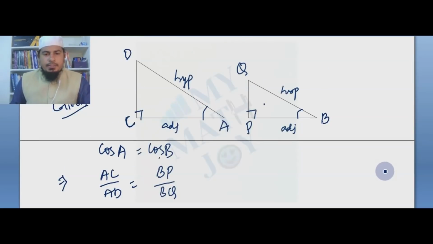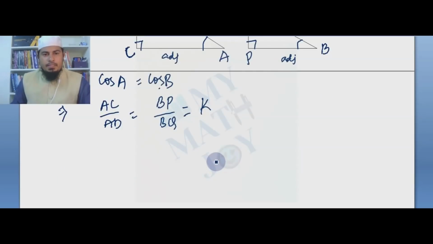How to do it: let us take AC by AD. I can write this itself, let us consider this ratio to be K, because it makes the problem easy.